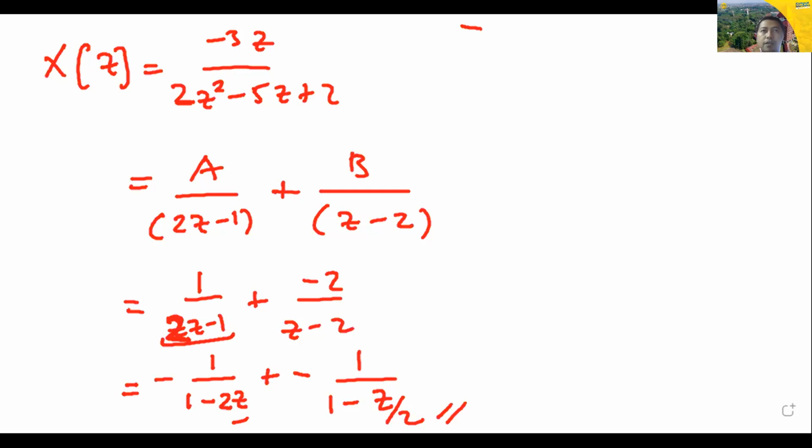The easiest way, we have to look at the table. What is the standard form of a Z transform?